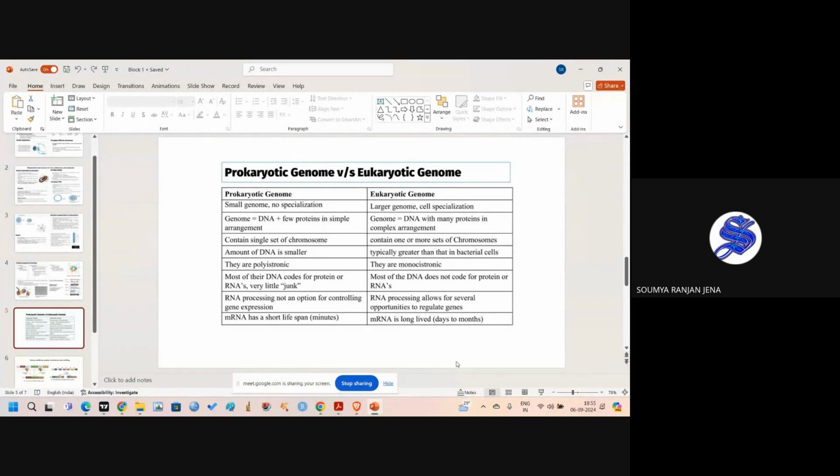Nucleotides means A, adenine, guanine, thymine, and cytosine. If A is base paired with T and G is base paired with C, this is called base pairing in DNA.